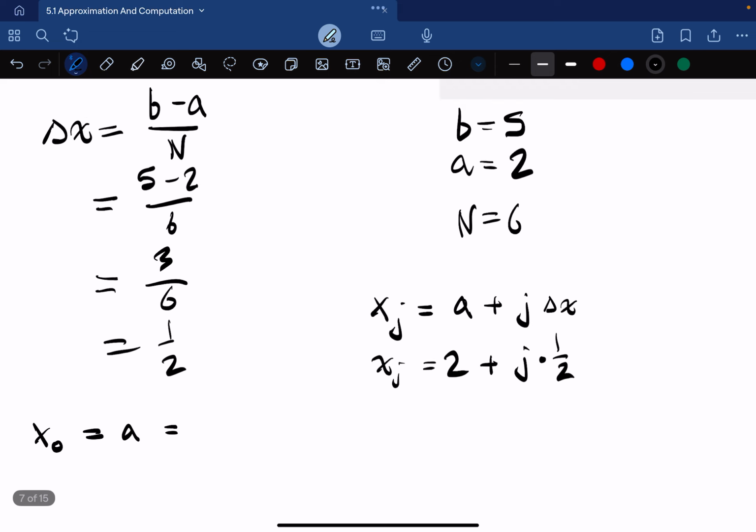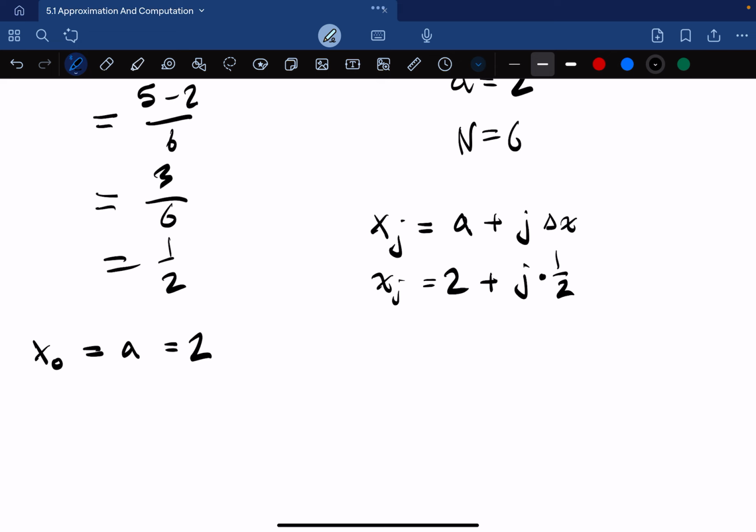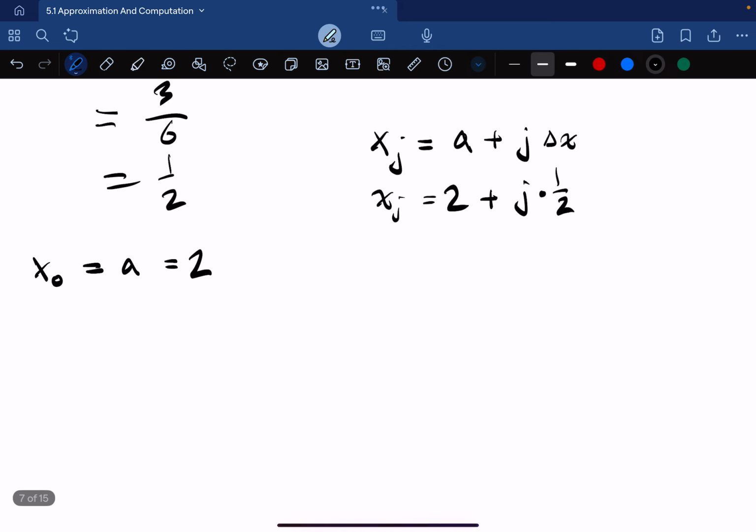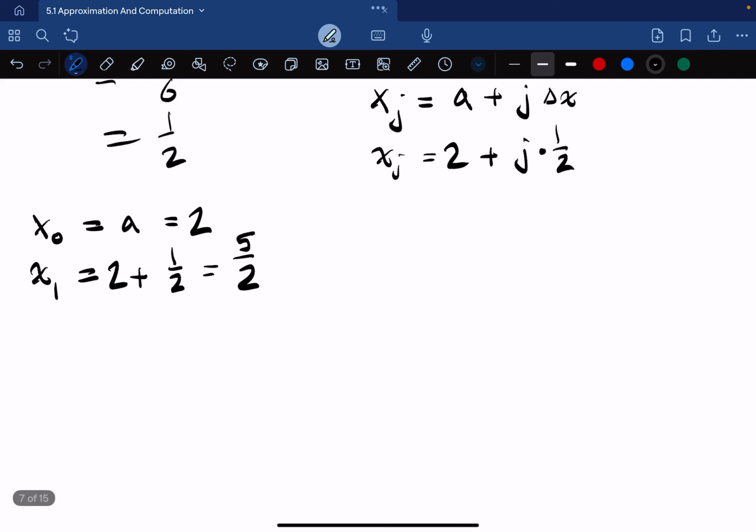So our very first left endpoint is going to be at x equals 2. Now, the next endpoint, our second left endpoint, is going to be at 2 plus 1 over 2, otherwise known as, I believe, 5 over 2. So x is equal to 5 over 2, or 2.5. That is where our second left endpoint is going to be.